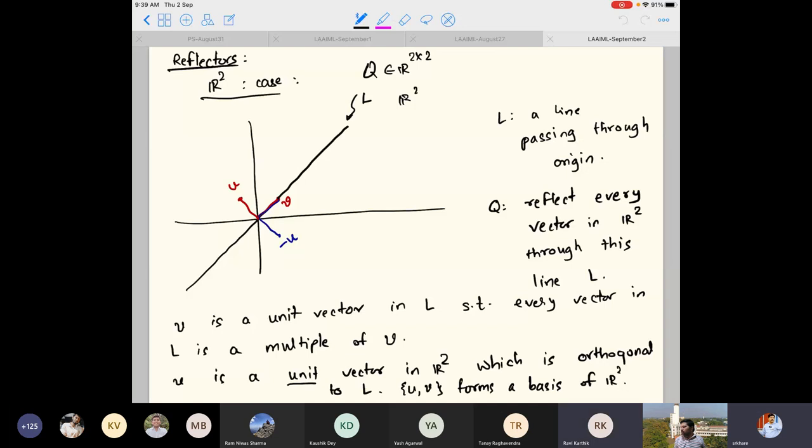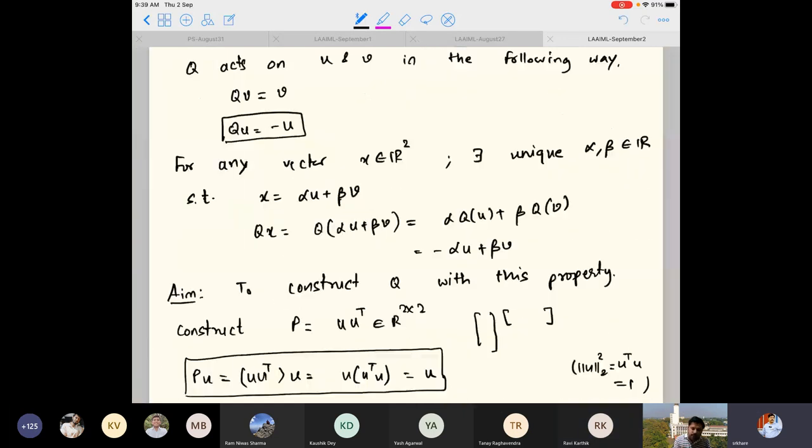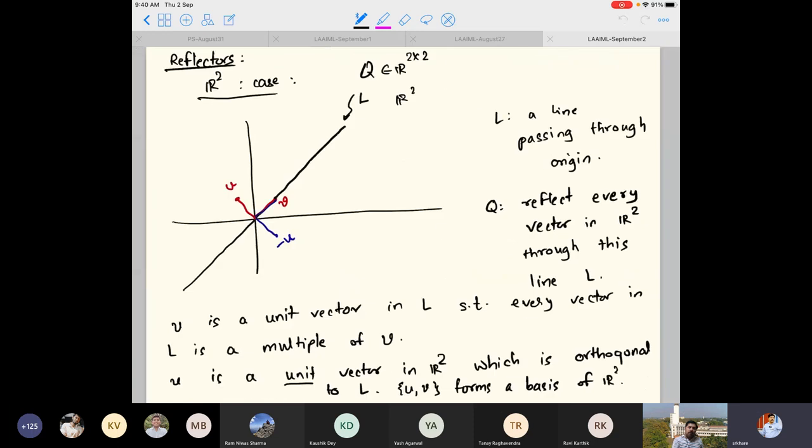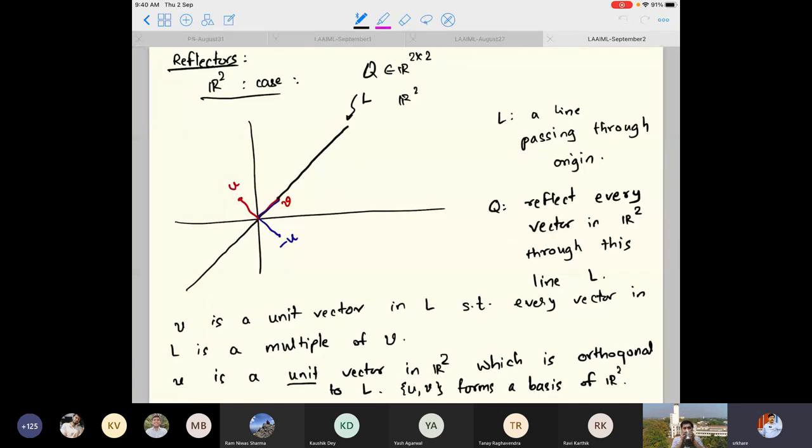It is taking the inner product along that direction of V. No. Arbitrarily, suppose X is a vector, then you write it in terms of alpha U plus beta V. And then when you take the action of P on this vector, what will you get? The projection along U. Correct. So you are actually taking a projection.